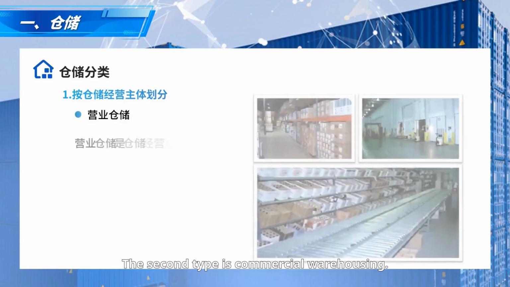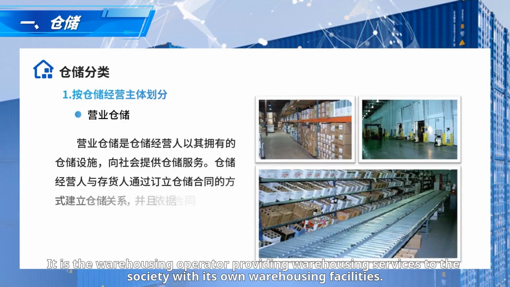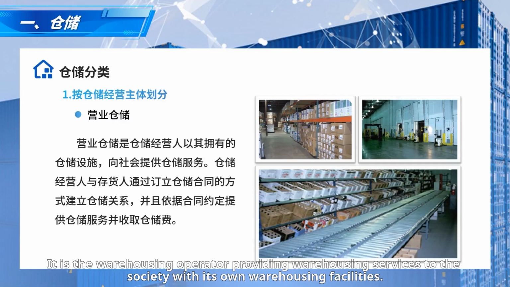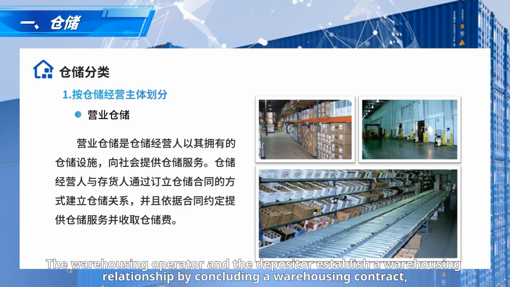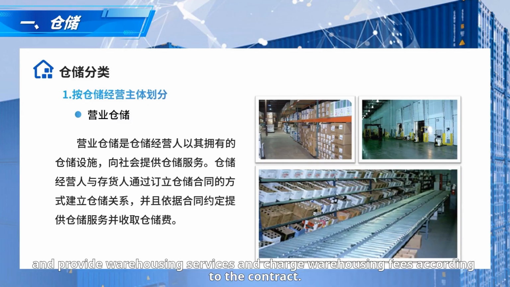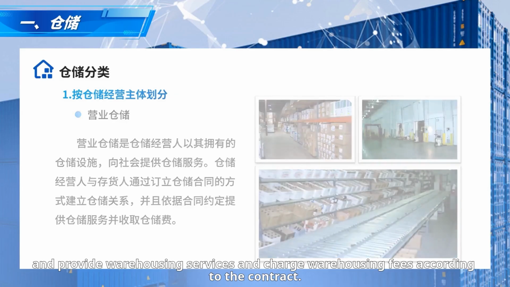The second type is commercial warehousing. It is the warehousing operator providing warehousing services to the society with its own warehousing facilities. The warehousing operator and the depositor establish a warehousing relationship by concluding a warehousing contract, and provide warehousing services and charge warehousing fees according to the contract.